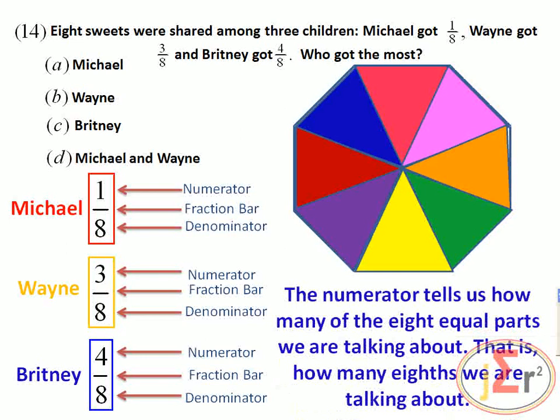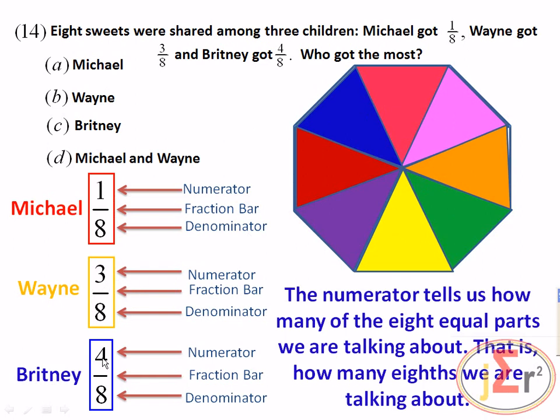The numerator tells us how many of the equal parts we are talking about. So the denominator tells us that it is divided into 8 equal parts. And the numerator tells us the number of those equal parts we are talking about. So when we say 1/8, we are talking about one of those parts. When we see 3/8, we are talking about 3 of those parts.